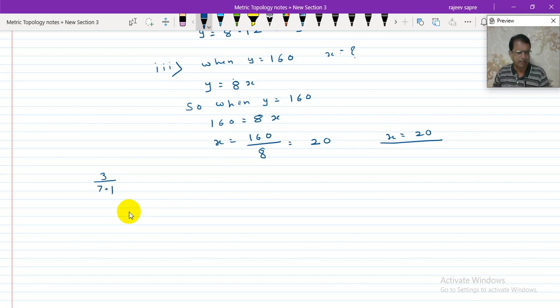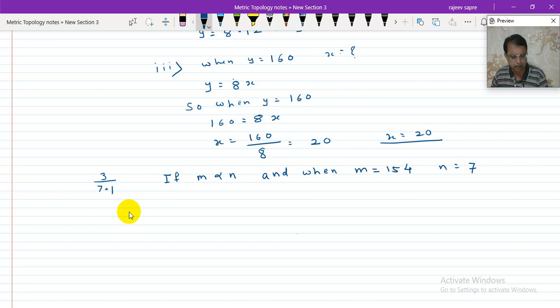See, in the third problem what is given is, if m alpha n, and when m is 154, n is 7, find the value of m when n is 14.